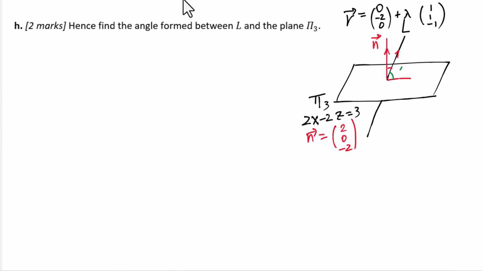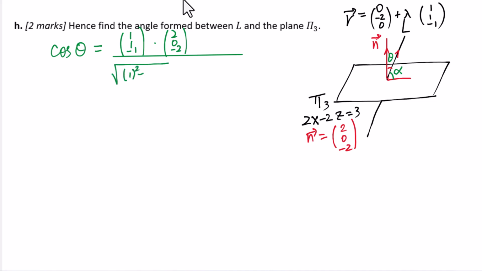Let's label: this is alpha, this is theta. So cosine theta equals (1, 1, -1) dot (2, 0, -2) over square root of 1 squared plus 1 squared plus -1 squared, times square root of 2 squared plus 0 squared plus -2 squared.